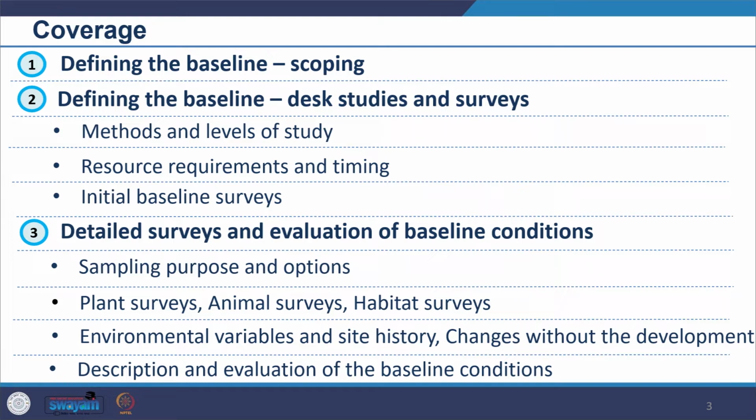Then we'll look into how one uses environmental factors and site history, how we look into the changes with or without development, the proposed project, and then how we present, describe, and evaluate all these baseline conditions.